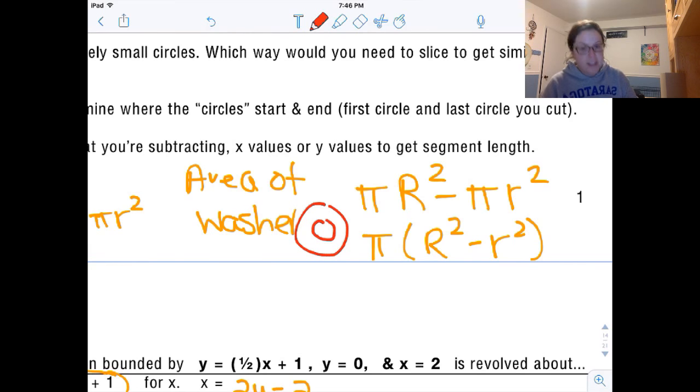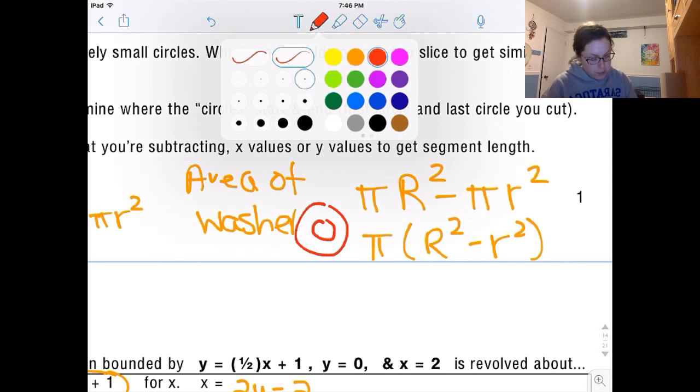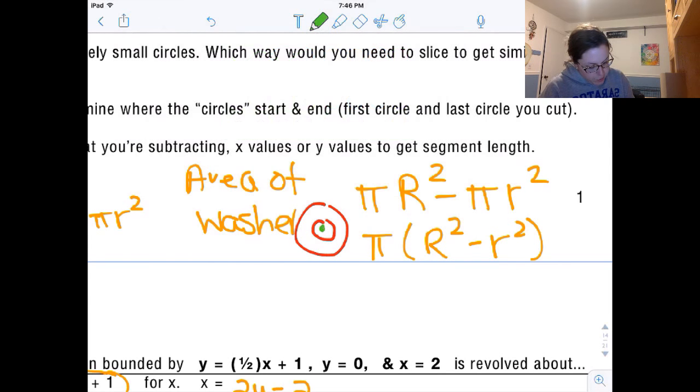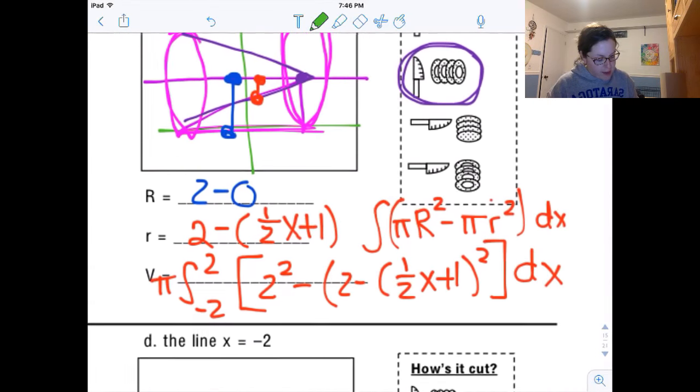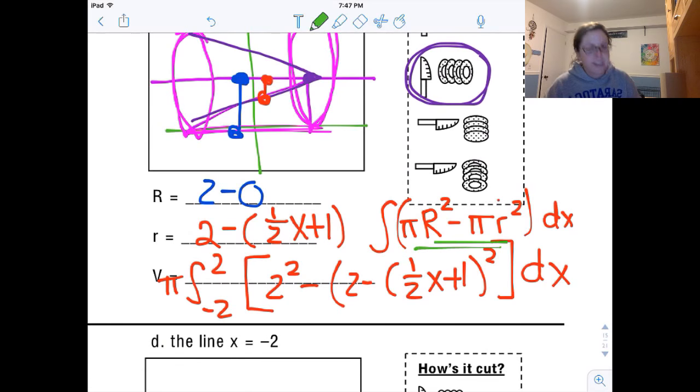So if you have this as your cross section, this would be your outer radius, and this would be your inner radius. So the area of the washer is pi big R squared minus pi little r squared. So when I find the volume of that, since it's a washer, that's the cross-sectional area formula.